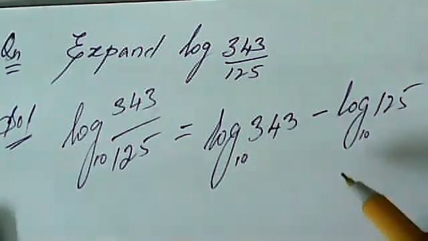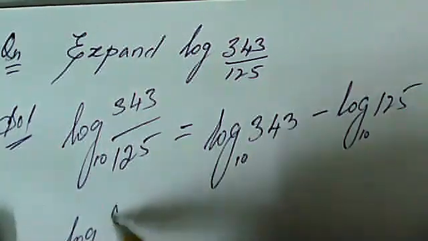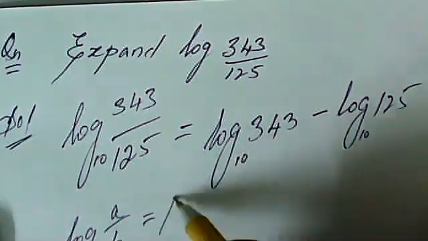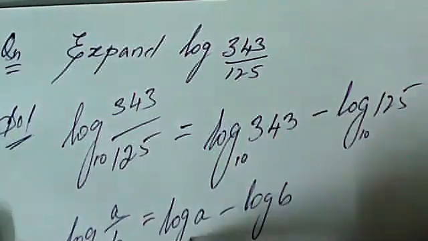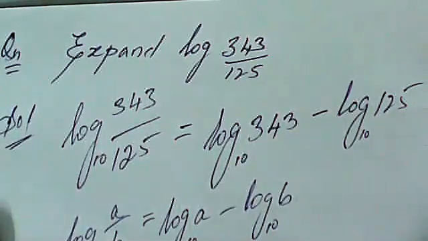How did we get this? Log of a by b, it's the formula we have, the quotient rule. Log of a upon b to base 10, or any base, is log a minus log b to the same base.